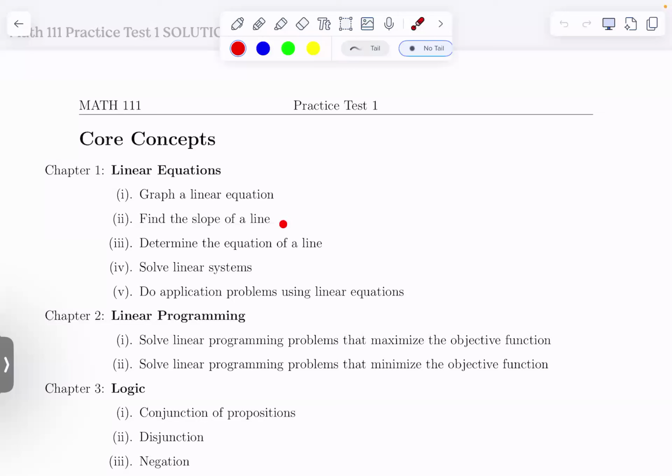We made so many decisions without you. Then we worked on finding the slope of a line, and then using the slope to find the equation of a line. Solving linear systems, finding the intersection of two lines. And then some application problems.